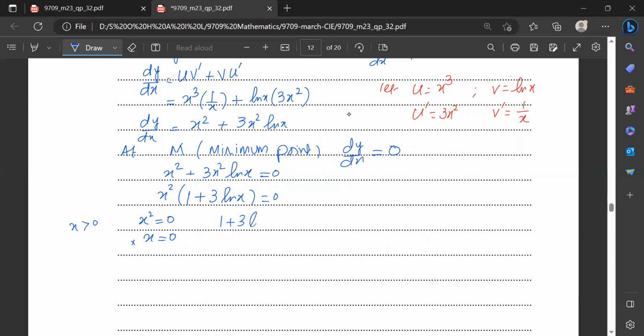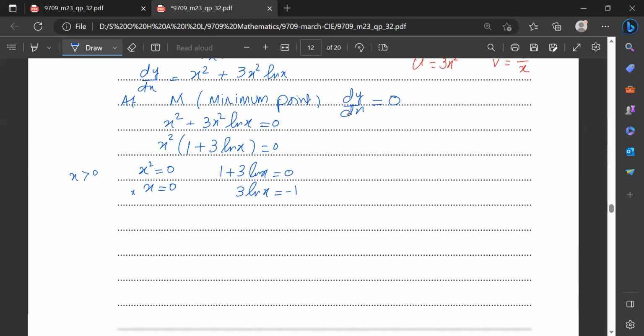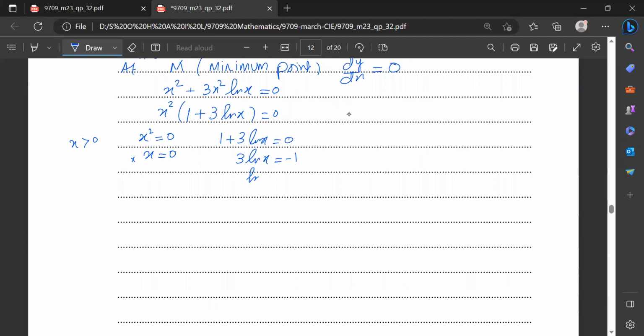1 plus 3 natural log of x equals 0. 3 natural log of x equals minus 1, and natural log of x equals minus 1 over 3. From here x equals e to the power minus 1 over 3.